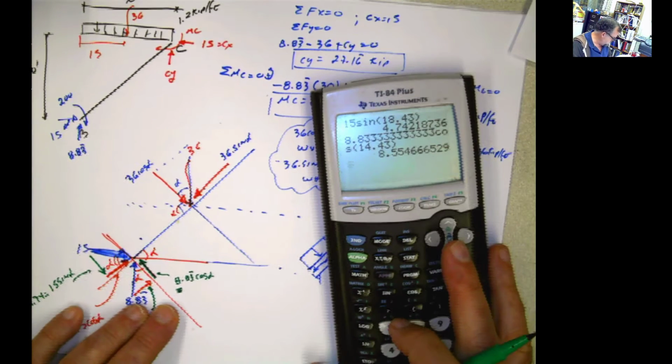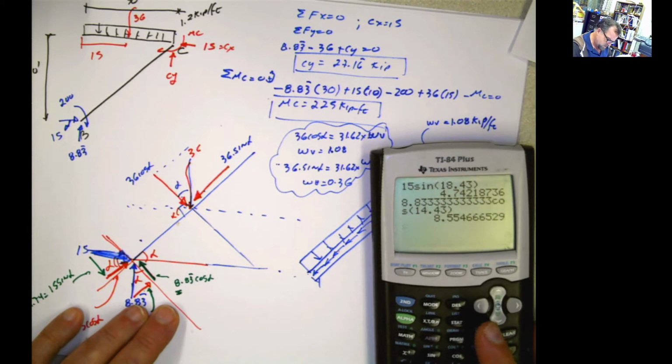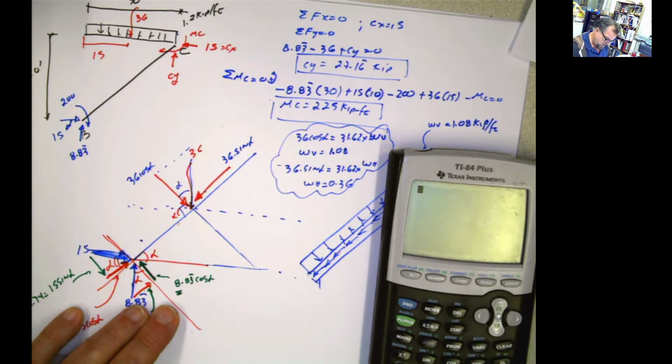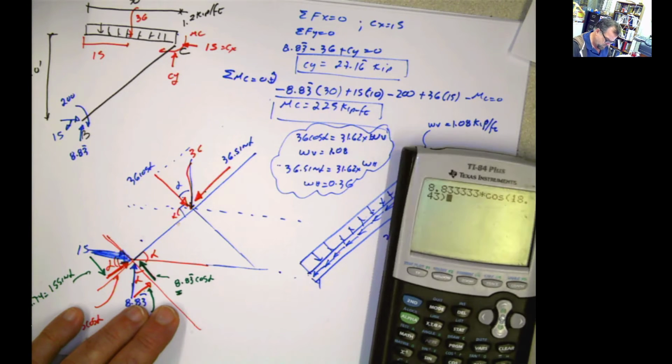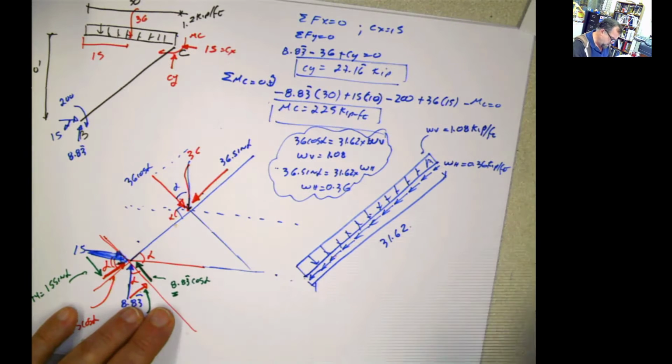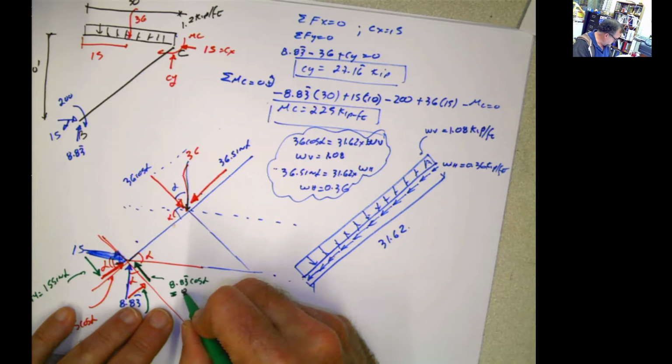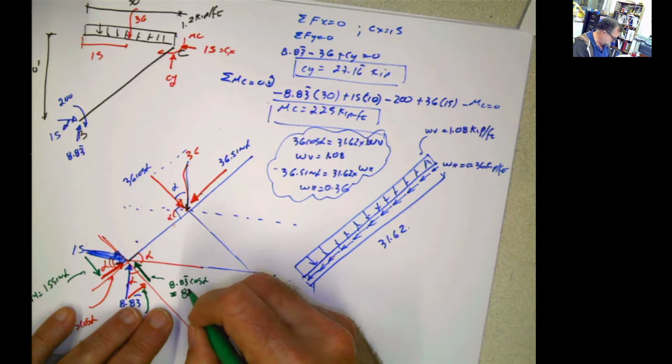That's 8 point. No, I put the angle wrong here. 8.833333 times cosine 18.43, not 14.43. So 8.38.